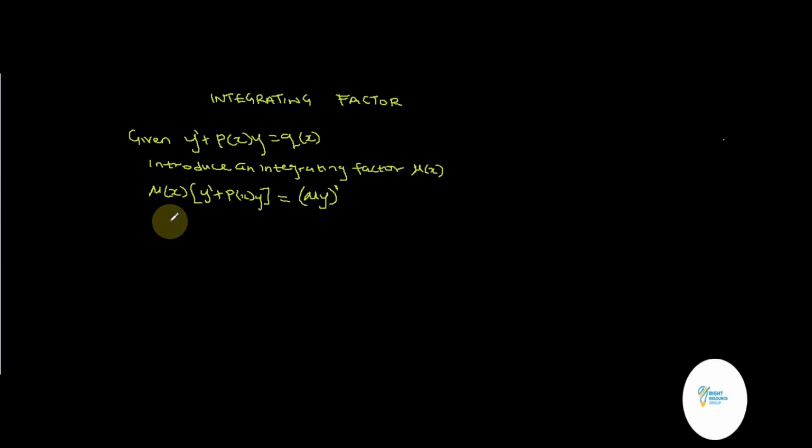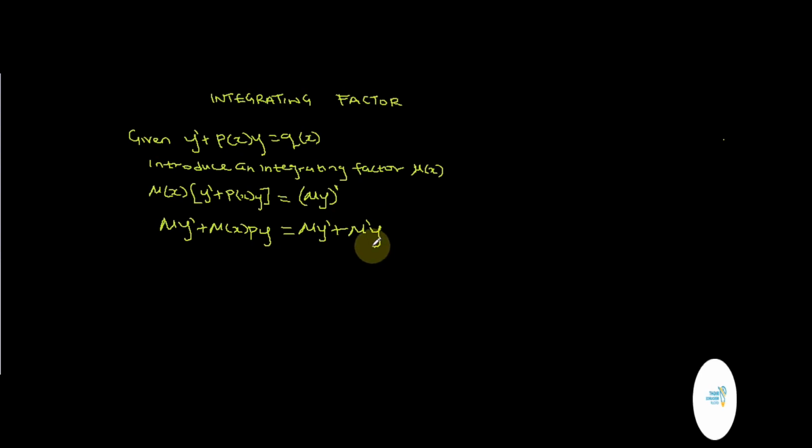Open your brackets, and we have mu y prime plus mu p y equals, on the right, mu y prime plus mu prime y. Now we have mu y prime on the left hand side and mu y prime on the right hand side, so those two cancel out, or we can say collect like terms.